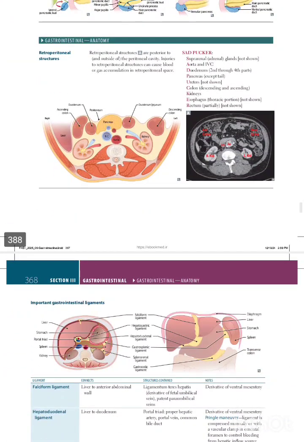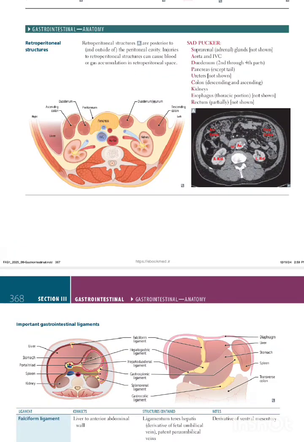Then here we have the retroperitoneal structures. Yeah, we are talking about them now. After ureters, we have colon, descending and ascending parts, kidneys, esophagus, and rectum.